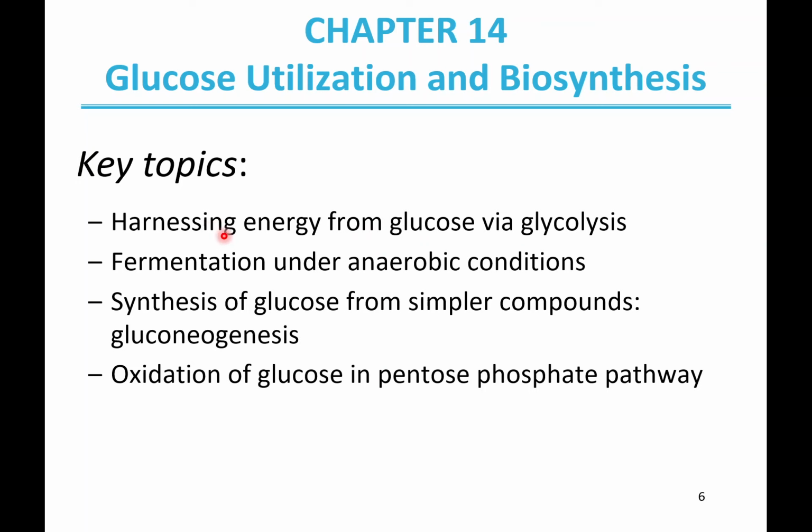The other parts we'll talk about next time, fermentation. This is metabolism under anaerobic conditions, how we continue to do glycolysis under anaerobic conditions. We'll also talk about gluconeogenesis, which is the synthesis of glucose. You can think of that as glycolysis being run in reverse.